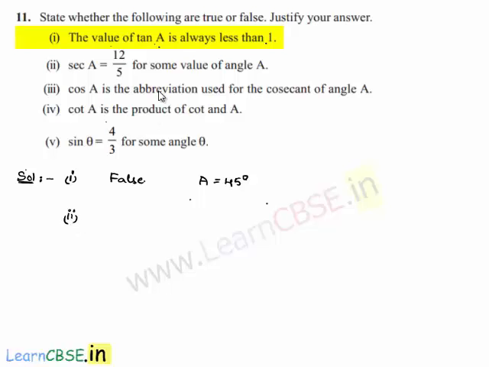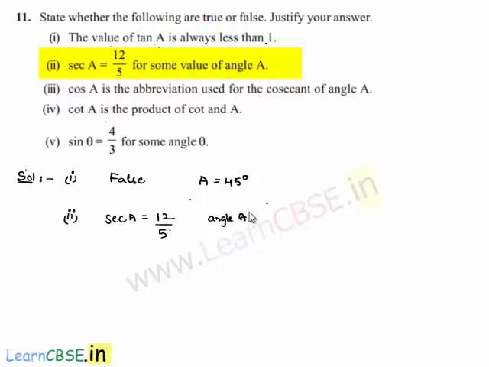And moving on to the second bit, he has given that secant A is equal to 12 by 5 for some value of angle A. That means he says that the secant A value can be greater than 1. So we know that the value of secant A tends from 0 to infinity on varying angle A. So this value can be satisfied for some angle A in secant.